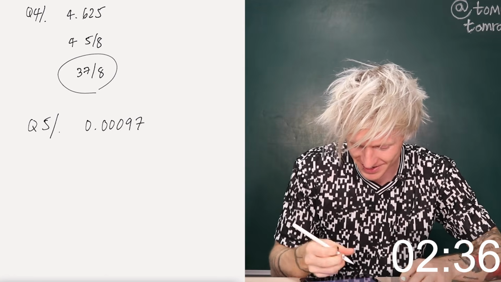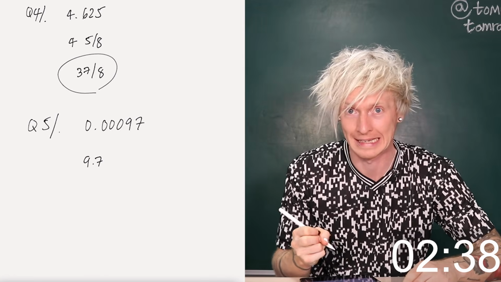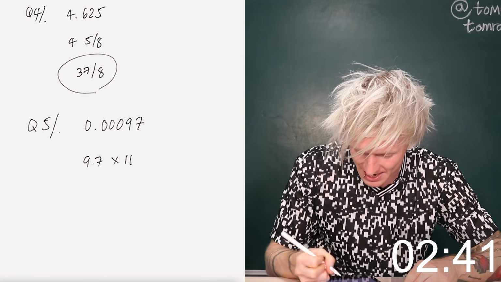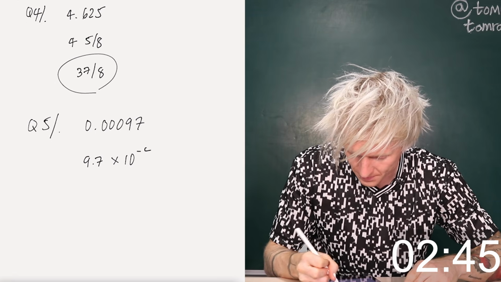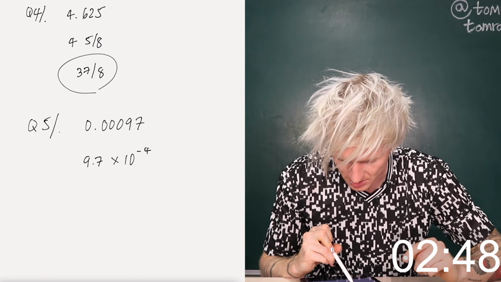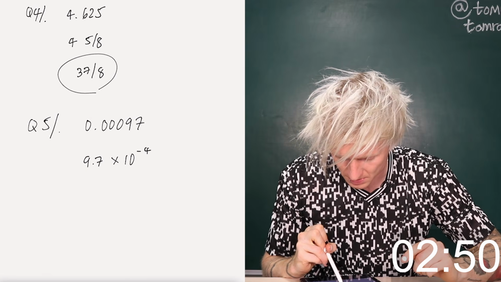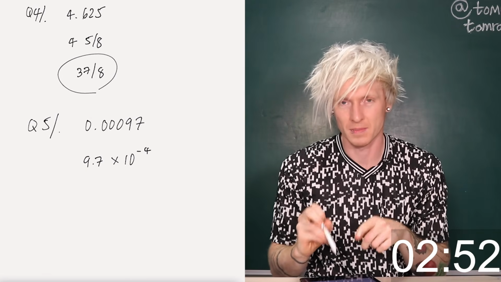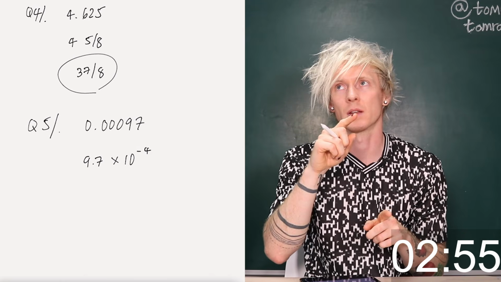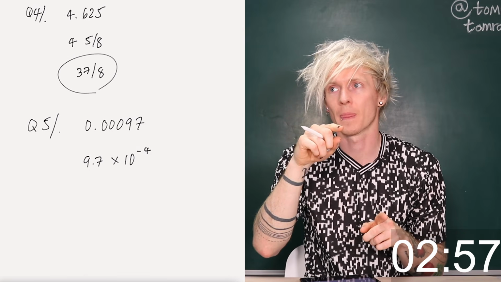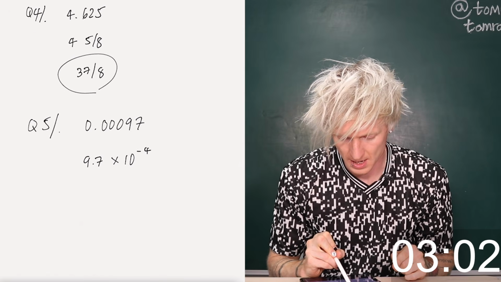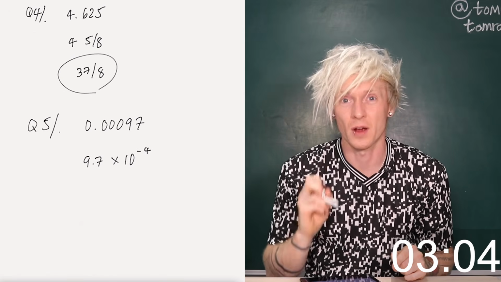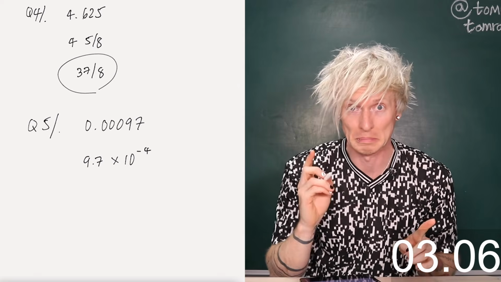So that's going to be 9.7, I think, times 10 to the minus 1, 2, 3, to the minus 4, I think. If I had 9.7 times 10 to the minus 4, shift it 1, maybe 0.97, so it'd be there, then it goes to there, then there, then there. Yes, so I think it's 9.7 times 10 to the minus 4. I'm going with that. Assuming I know what standard form is.